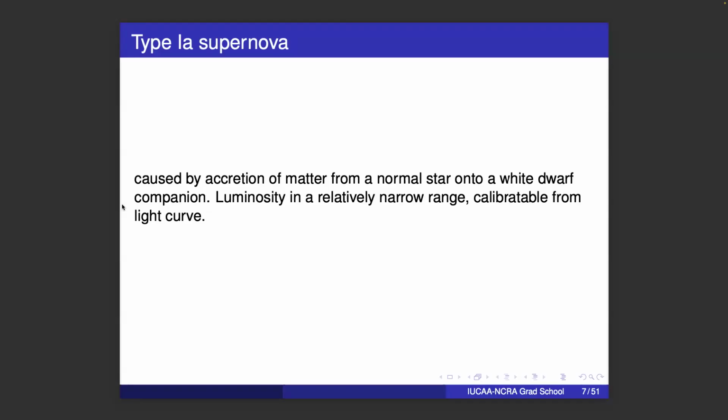Luminosity is in a relatively narrow range, calibratable from the light curve. Okay, so what will happen? If a star fills up its own Roche lobe, then the material that is exceeding the Roche lobe cannot stay bound to the star and begins to flow onto the other star.